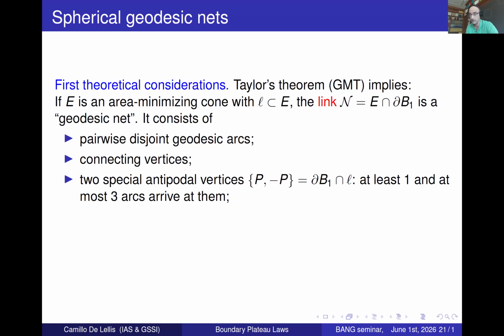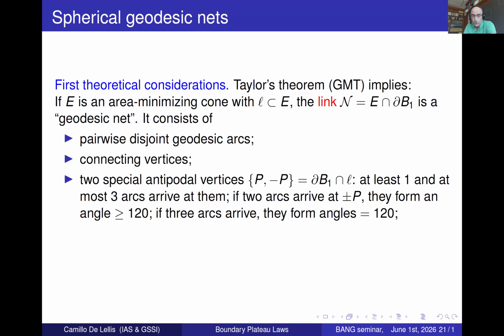So there are these 3 possibilities. If 2 arcs arrive at one of these points, P or minus P, they have to form an angle which is bigger or equal than 120 degrees. This is not part of Taylor's theorem, but it's easy to see by using standard tools. Of course, this means also that if 3 arcs arrive, they have to form angles of 120 degrees, because each of them has to form an angle which is at least 120, and the sum of the 3 has to be 360.